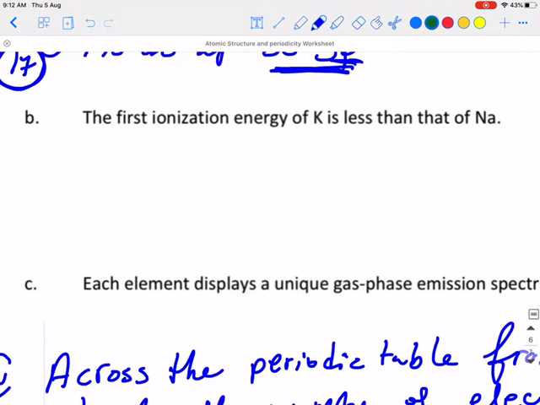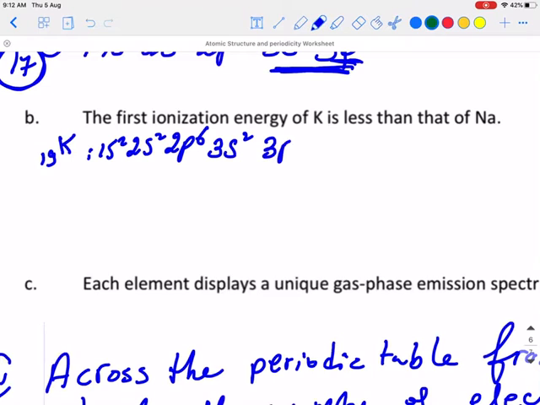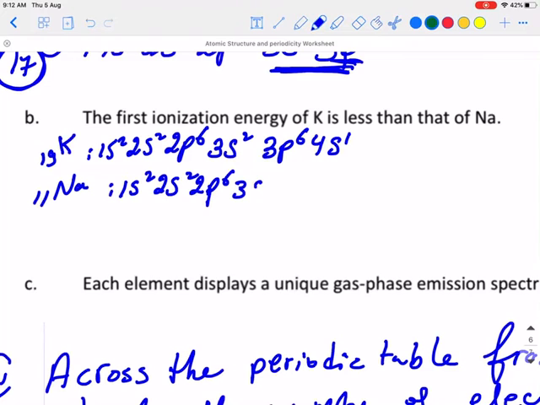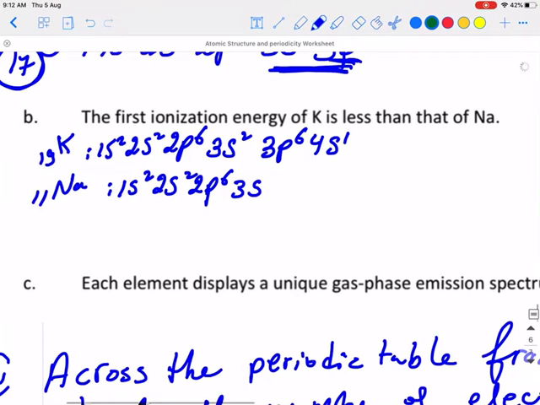Let us do the electron configuration. Potassium, 19: 1s2, 2s2, 2p6, 3s2, 3p6, 4s1. Sodium, 11: 1s2, 2s2, 2p6, 3s1.